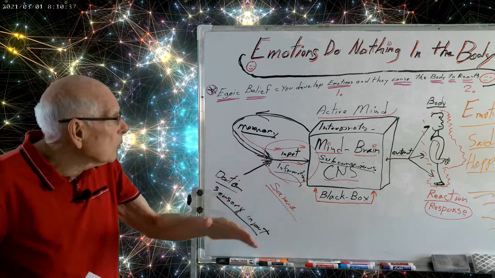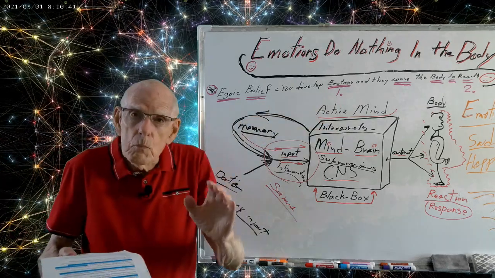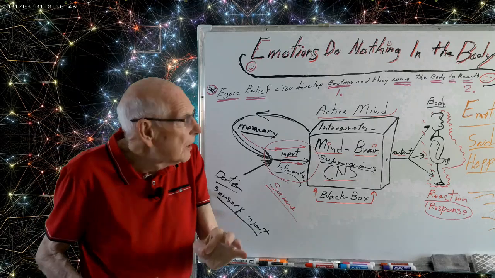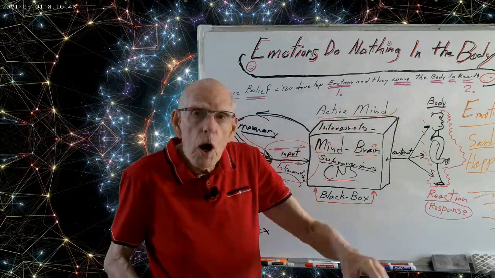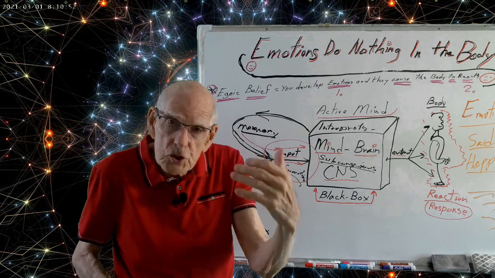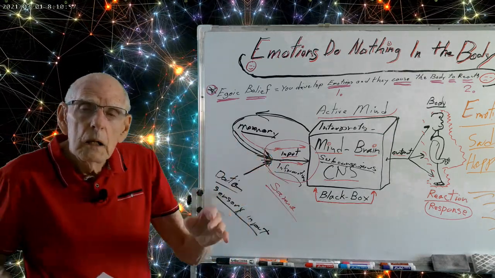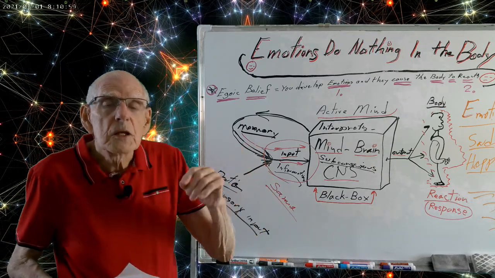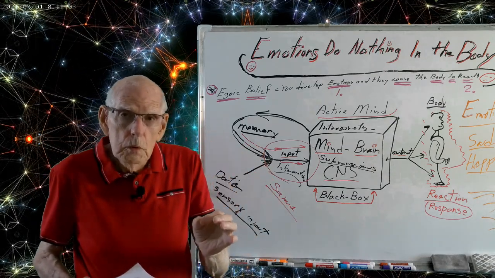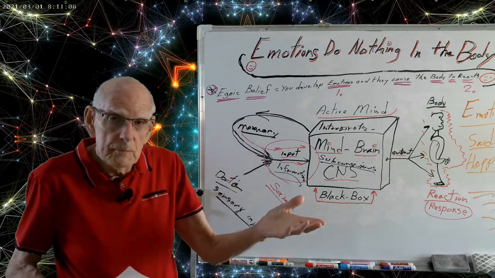Now, in the egoic world, their statement was, we develop emotions. Emotions develop first, and then they cause the body to respond in certain ways. Now, as we went through the model here, that's not the model. That's not even true, but it is in the egoic world because that's the belief system.